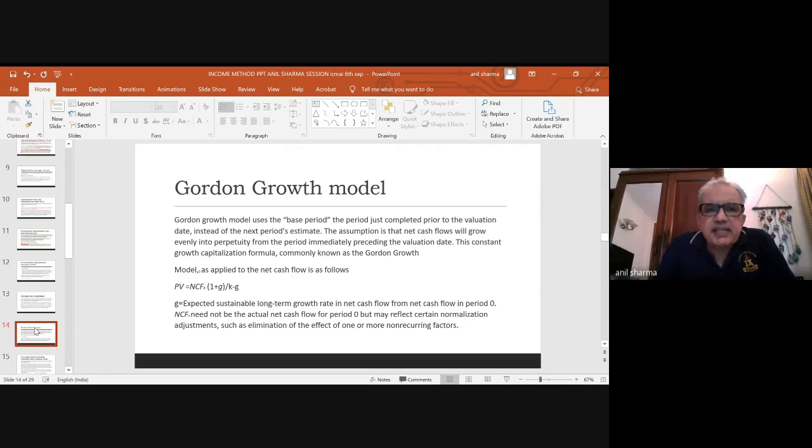This is the basic difference between the Gordon growth model and the capitalization earnings. Fundamentally, the concepts are the same.